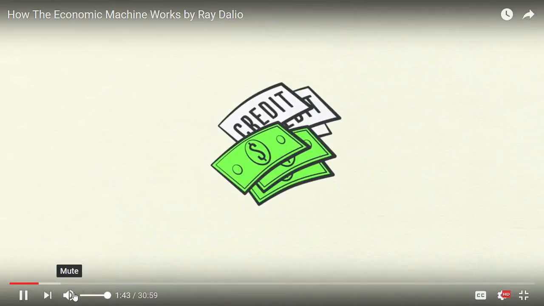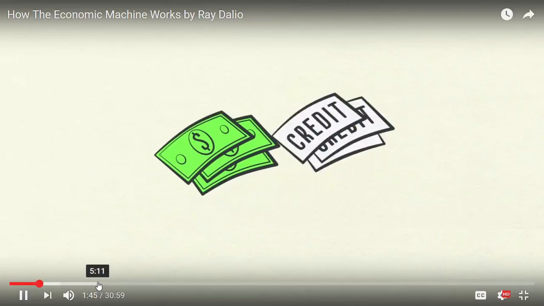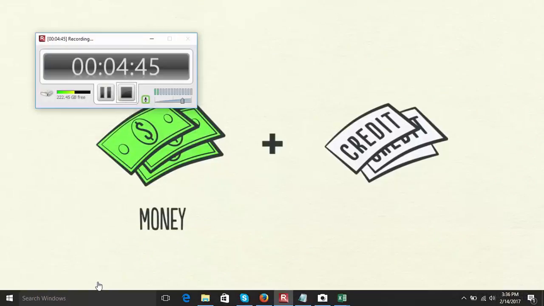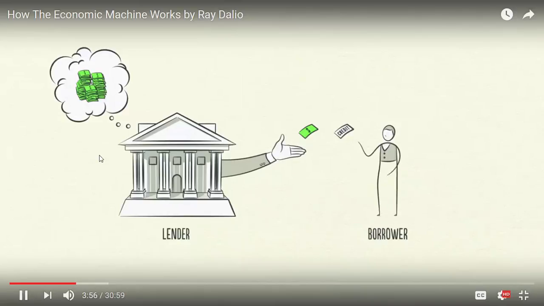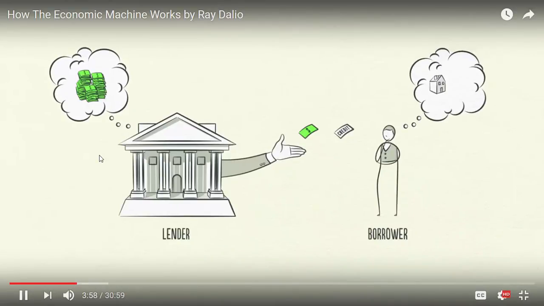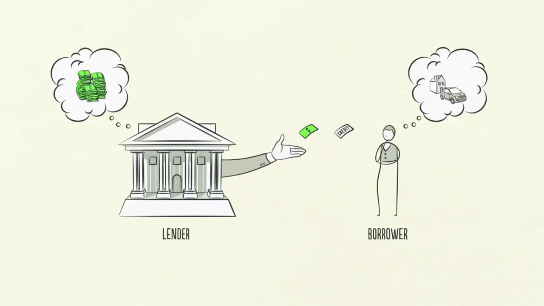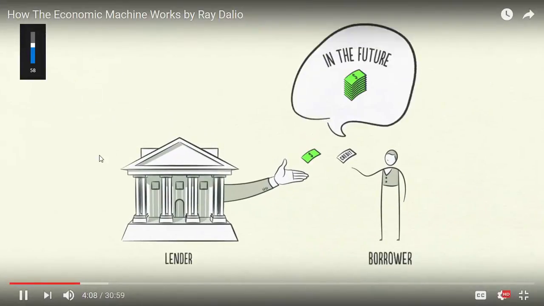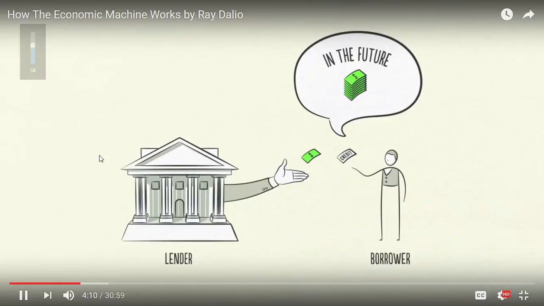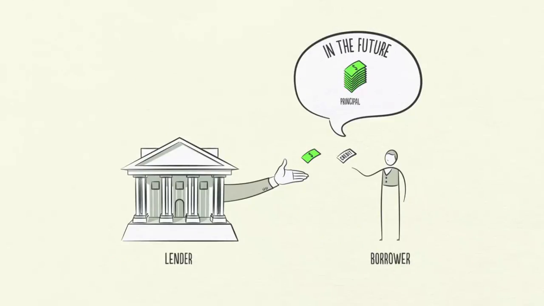Credit spends just like money, so adding together the money spent and the amount of credit spent, they can't afford, like a house or a car, or they want to invest in something like starting a business. Credit can help both lenders and borrowers get what they want. Borrowers promise to repay the amount they borrow, called principal, plus an additional amount, called interest.